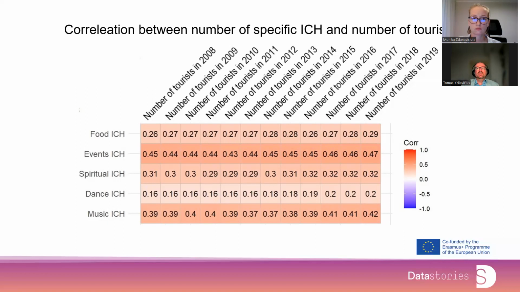So it seems that sharing information about different events also allows increasing the number of tourists, but depending on events, you can expect more or fewer tourists.